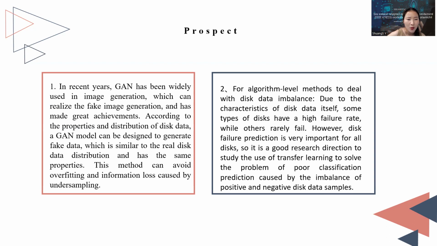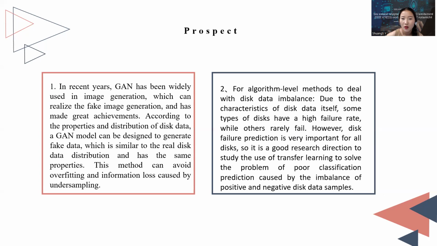According to the properties and distribution of disk data, a GAN model can be designed to generate fake data, which is similar to the real disk data distribution and has the same properties. That method can avoid overfitting and information loss caused by undersampling.